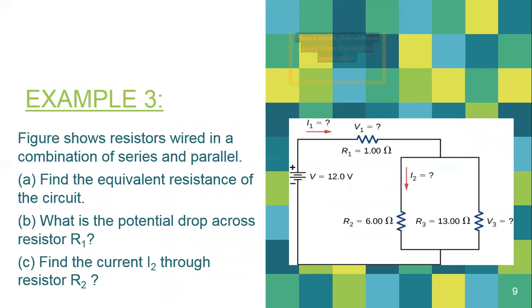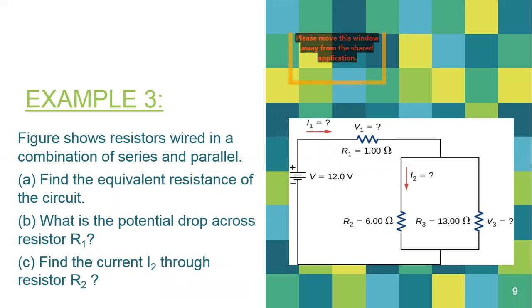Example number 3. In this example, you see there is a combination of two circuits. One is parallel, and this parallel combination connects with this resistor in series. All right.